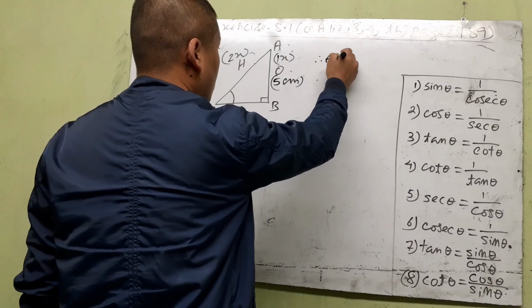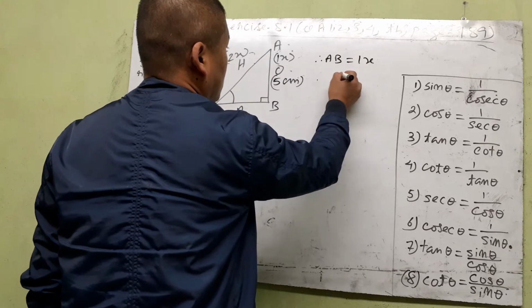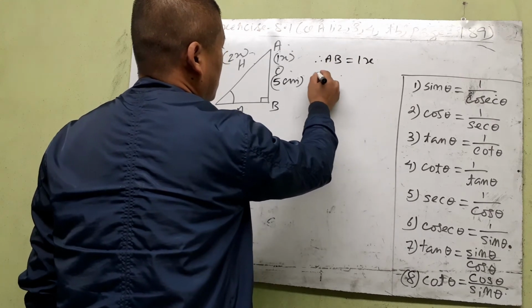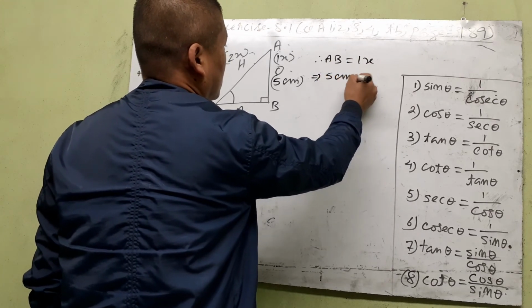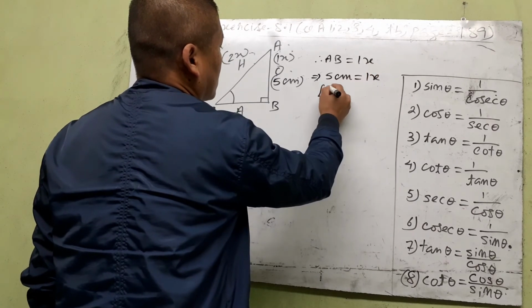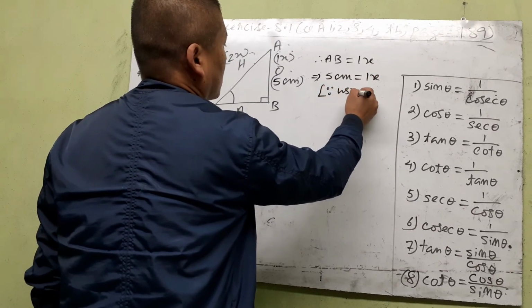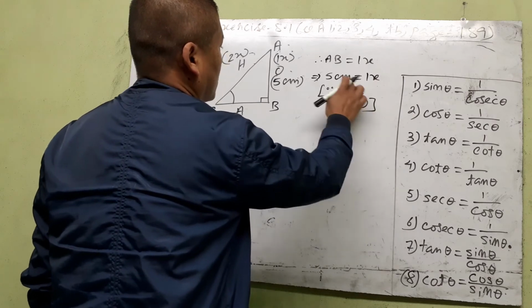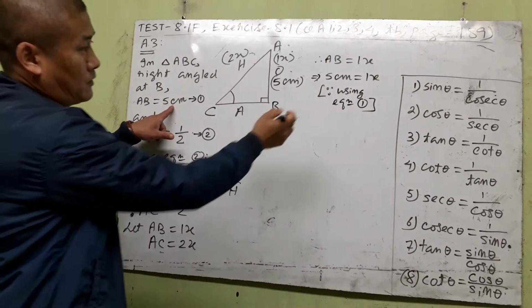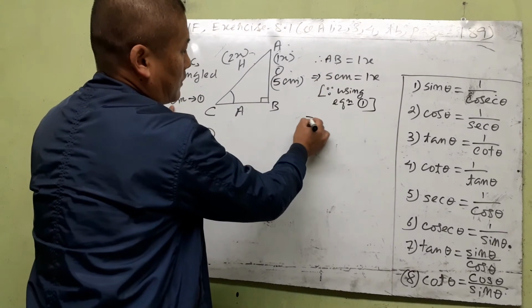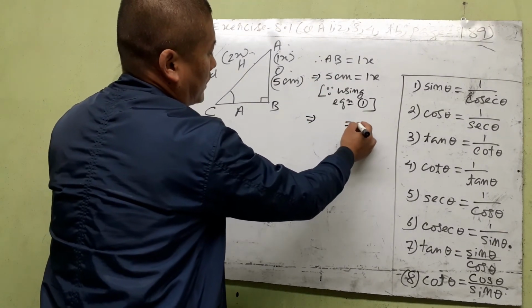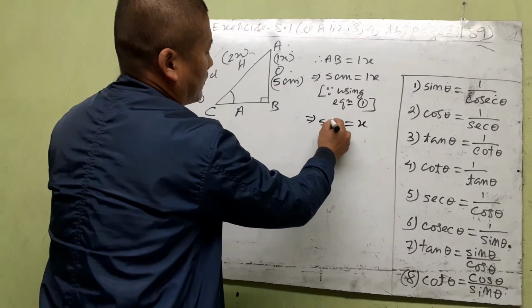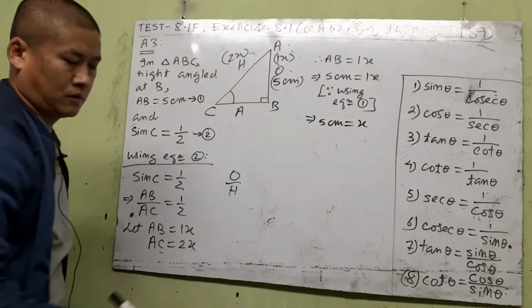Therefore, AB equal to 1x means this AB is nothing but 5 centimeter and equal to 1x, using equation number 1. AB equal to 5 is replaced by AB as 5 centimeter. So that will give you 1x means x, so x is equal to 5 centimeter.